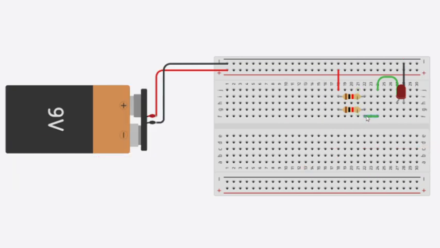Number 4, set up a DC analysis. Configure the simulation tool to perform a DC analysis, which allows you to analyze the circuit in a steady state condition.